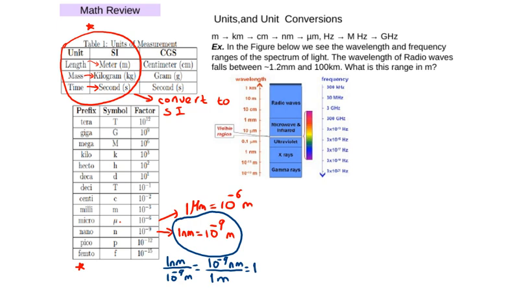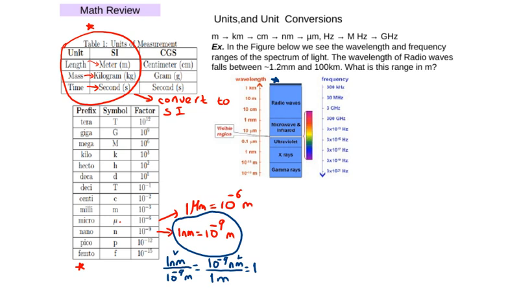Or the inverse would also hold. 10 to minus 9 nanometer over 1 meter is equal to 1. So as I am converting units, either I'll multiply by this or by that, depending on if I'm converting from nanometers to meters or meters to nanometers. And we will decide accordingly. This example here will help us how to apply this.